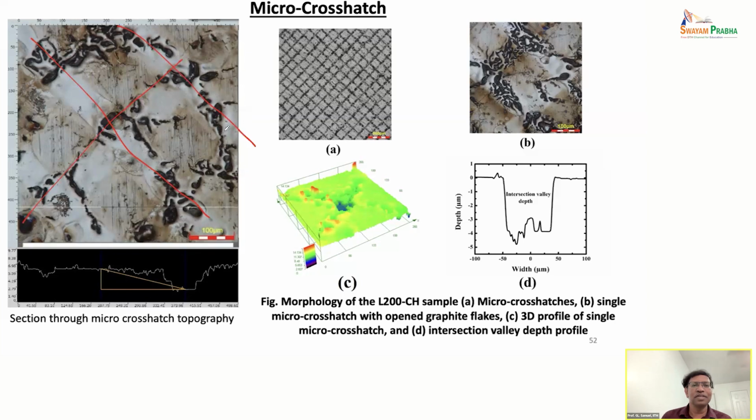The interesting phenomenon you can see is that wherever the texturing is made, you can see the carbon flakes coming out, and that contributes to the decrease in friction.